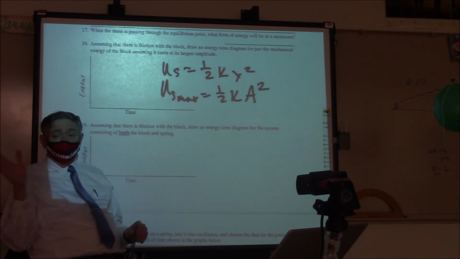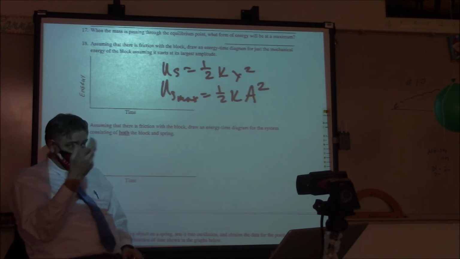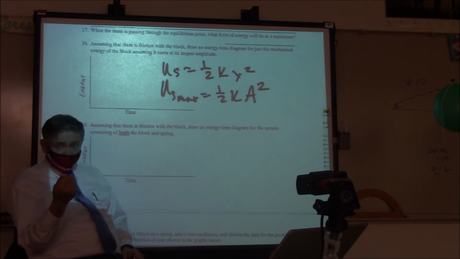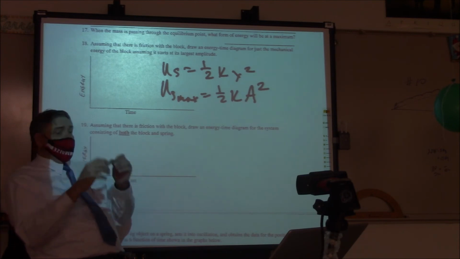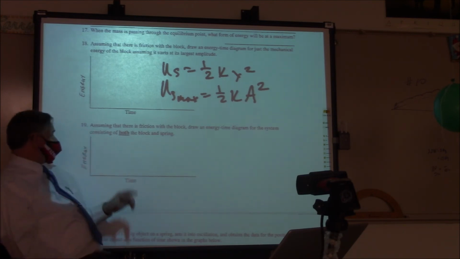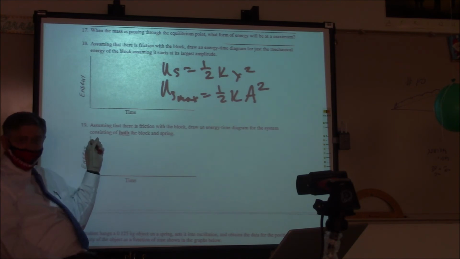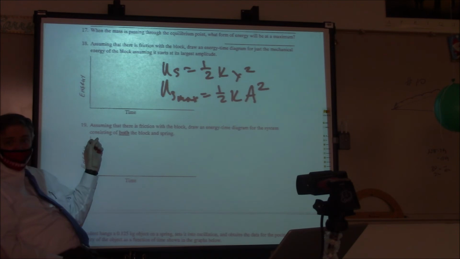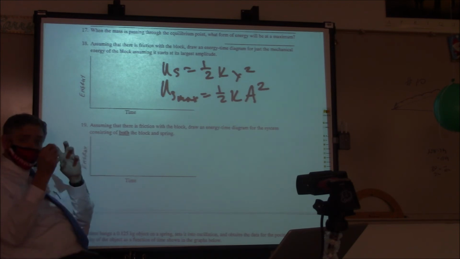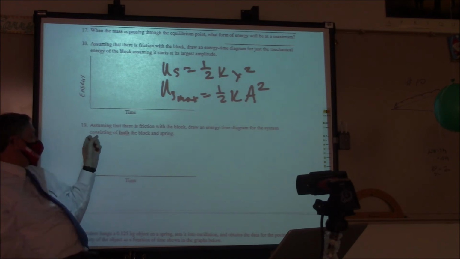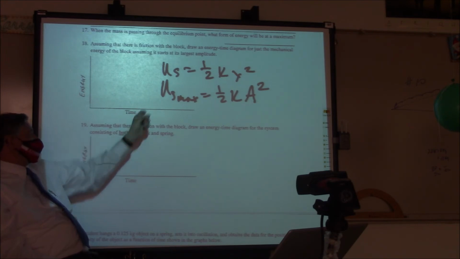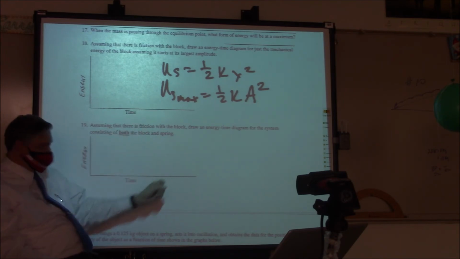So, because I'm talking about the sum of the potential energy and the kinetic energy, even when it's stretched out, that's when it's going to start at its maximum. Now, this is the sum of the two values. So this is going to start up here. So, since it's talking about the sum, what's this thing going to do? Is it going to go up? Is it going to go down?